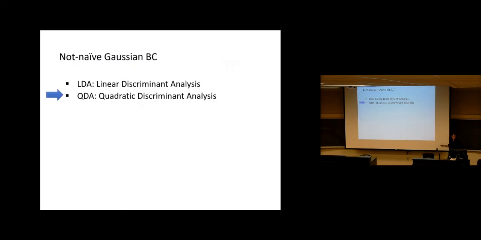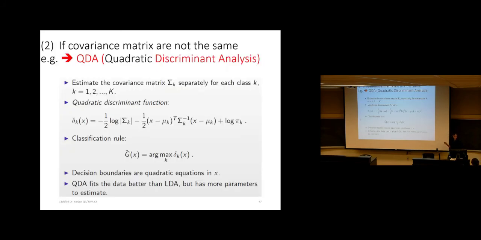All right, then QDA. So what is QDA? QDA, in fact, is just the Gaussian-based classifier with no assumption. If you use a full Gaussian to represent the conditional probability, then that's just QDA.